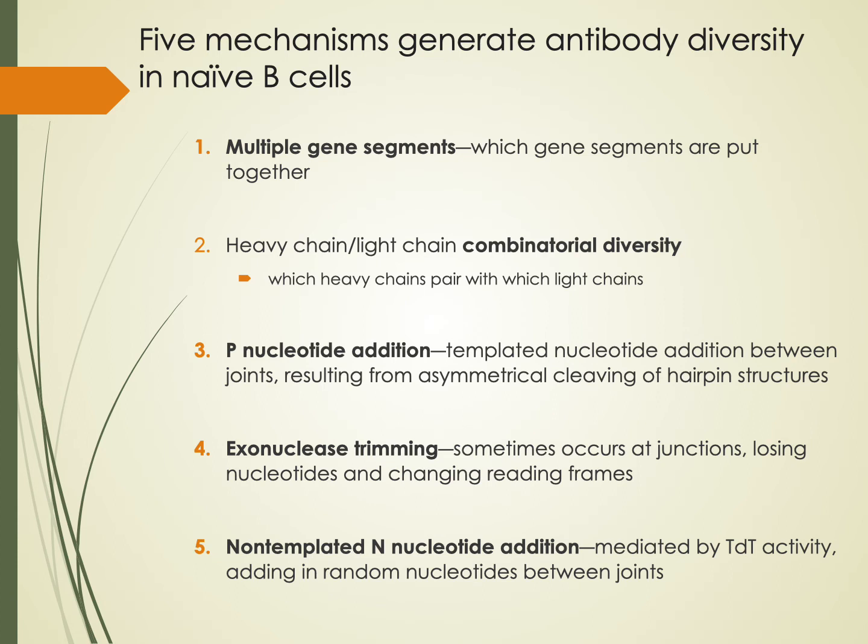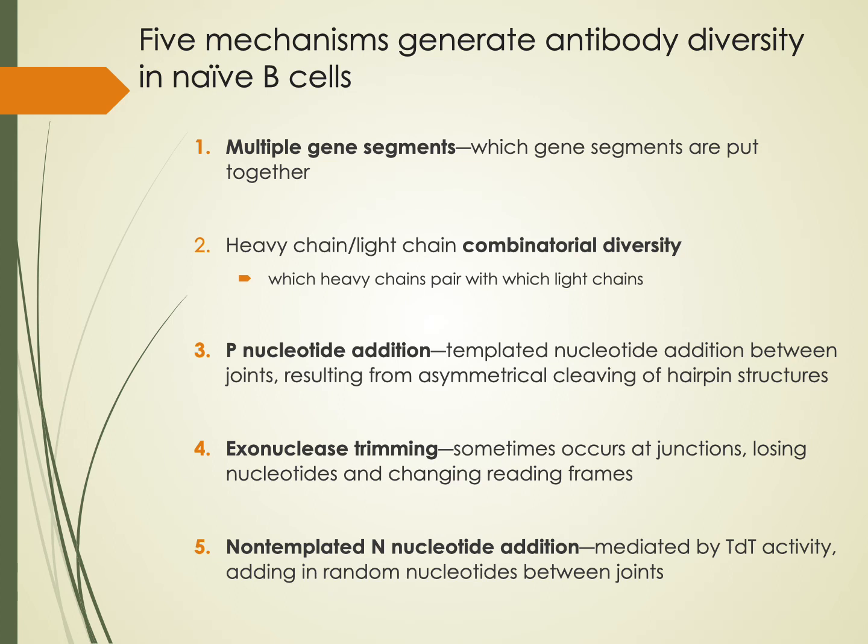Then the P nucleotides added from the hairpin turn are going to vary depending upon what variable region, which joining region, which diversity region is being selected. We also have the exonuclease trimming, so they can trim different nucleotides. That's going to give us diversity in what ends up being in that coding joint.